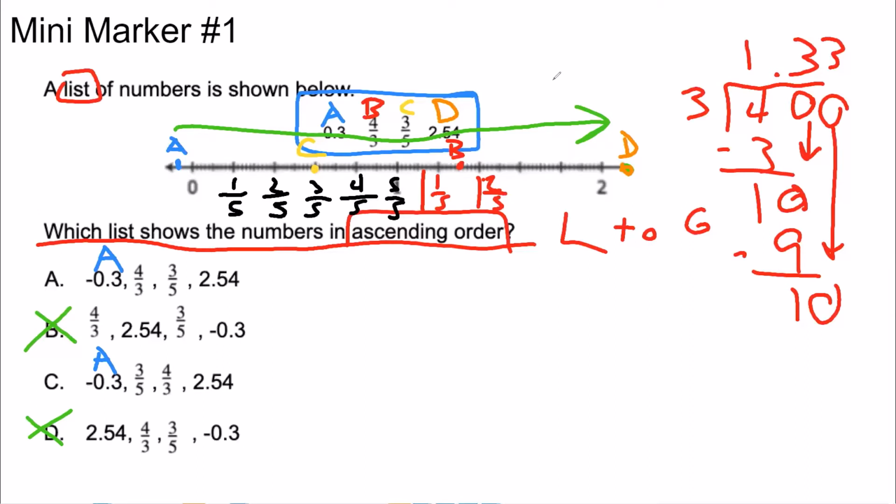My next least value is C. So answer choice C is correct. Answer choice A is incorrect. So I did not have to go any further. I found my answer. My answer should have been C. And everything else would have been false.